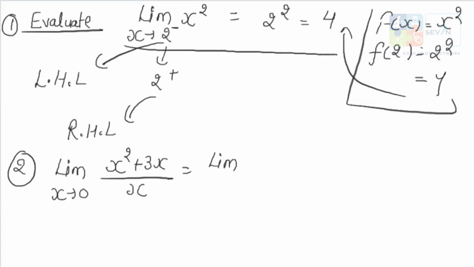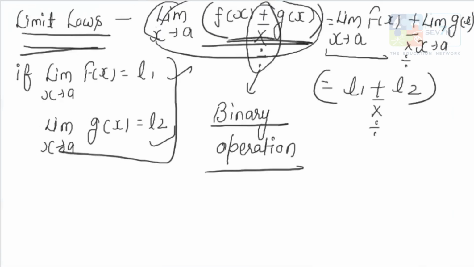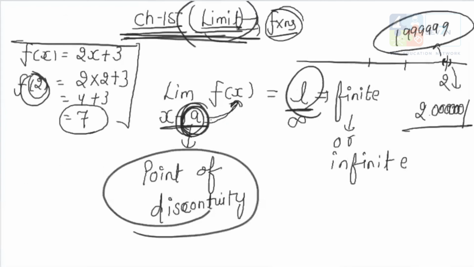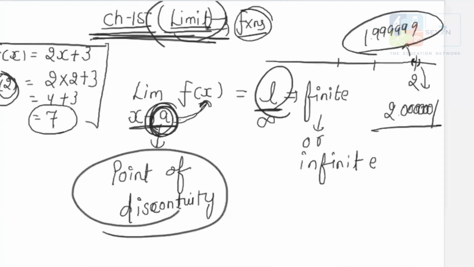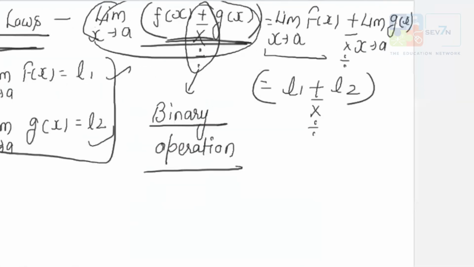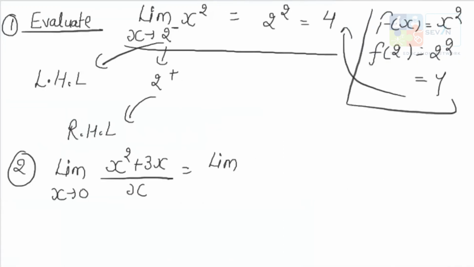So it will be 0 square plus 3 into 0, upon 0. Tell me, what is your answer to this? It's undetermined, yes, indeterminate form. Why? Because if you put x as 0 in the numerator and in the denominator, your answer will be 0 by 0, right? Then what do we need to do?